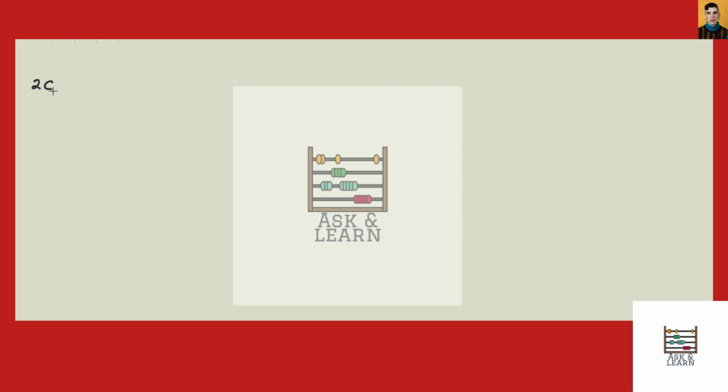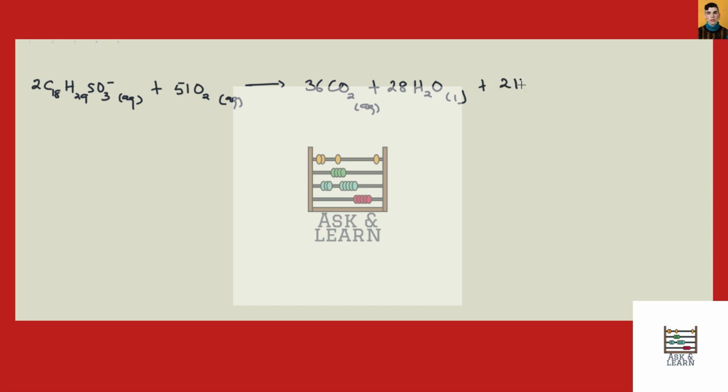So if we have 2 C18H29SO3⁻ (aq) reacting with 51 moles of O2 in aqueous condition to produce 36 CO2 plus 28 H2O (liquid), plus 2 H⁺ (aq) plus 2 SO4²⁻ (aq).